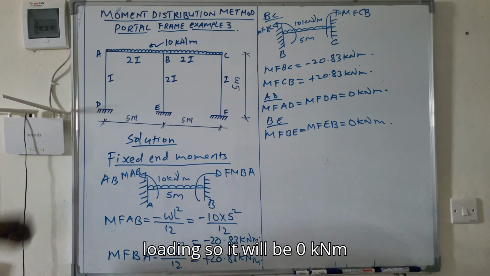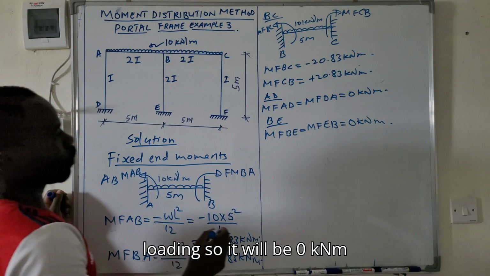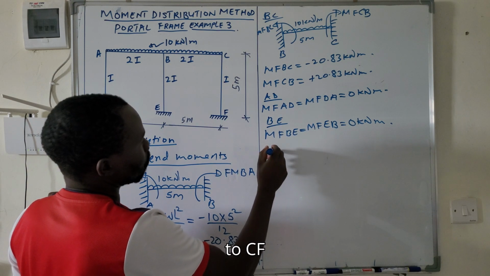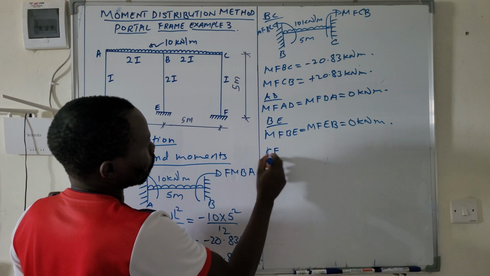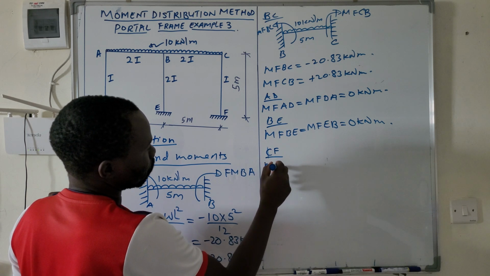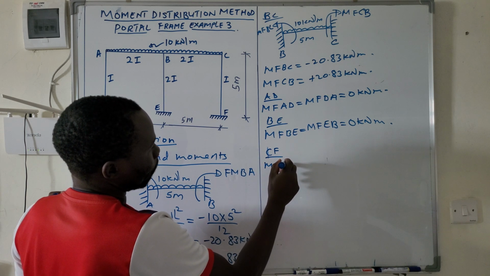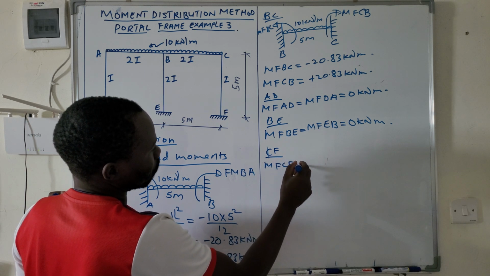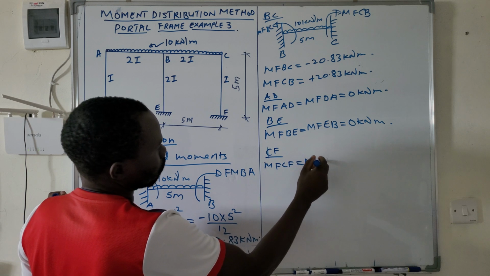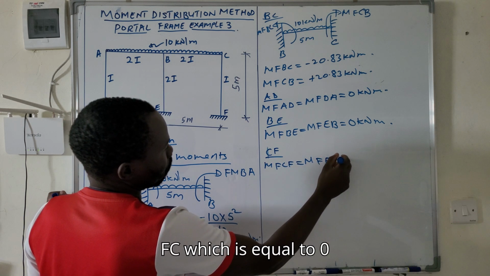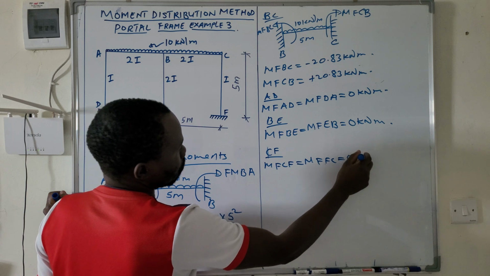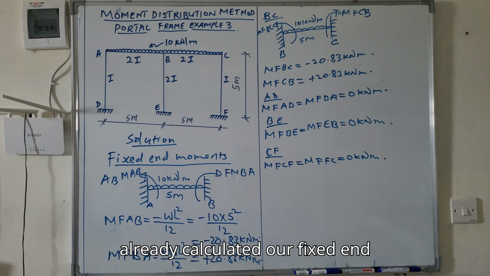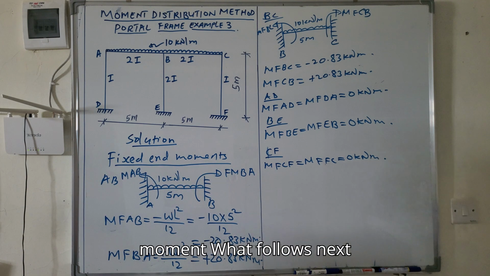The same case, no loading. We proceed to CF. MFCF is equal to MFFC, which is equal to 0 kilonewton meter. So we have already calculated our fixed end moments.